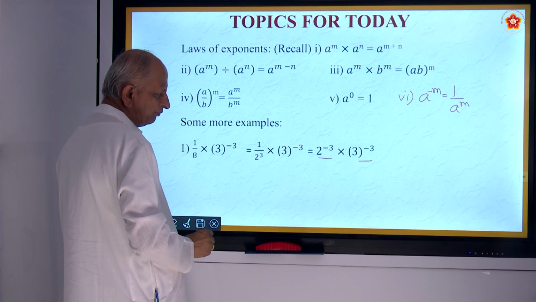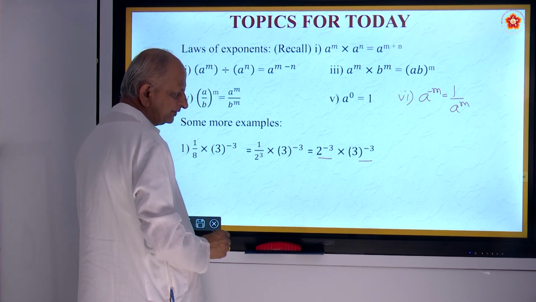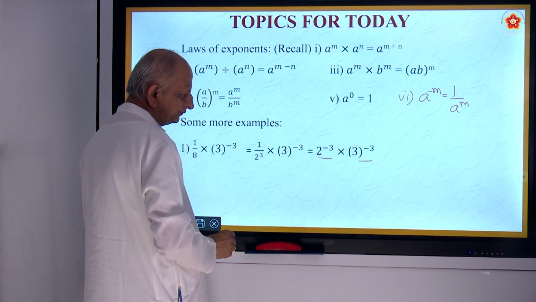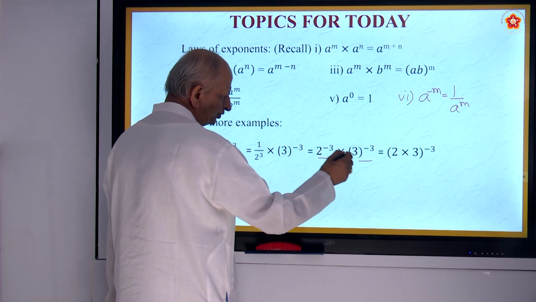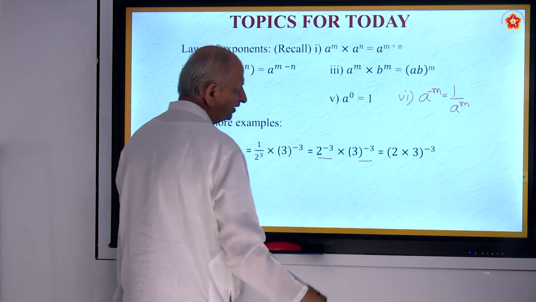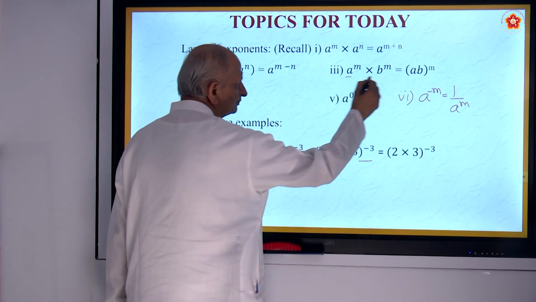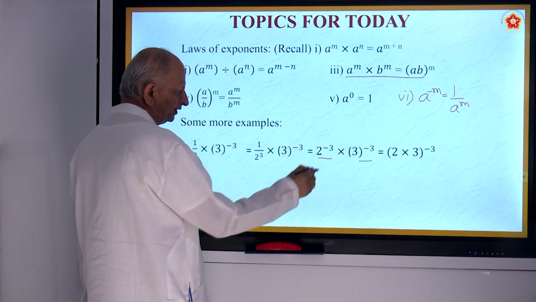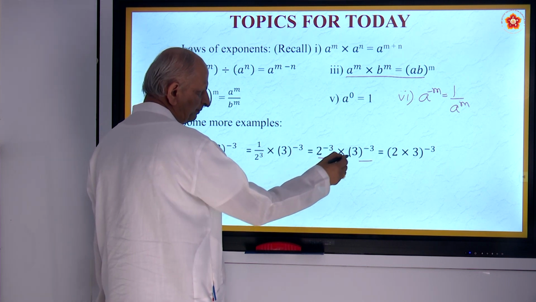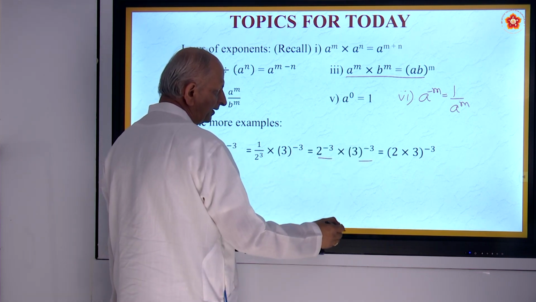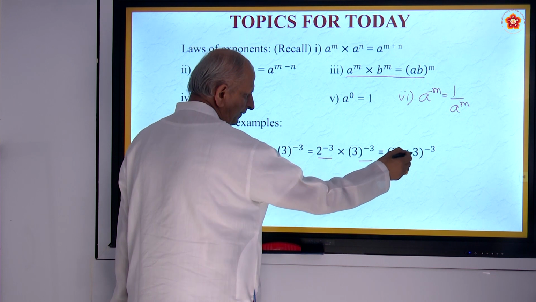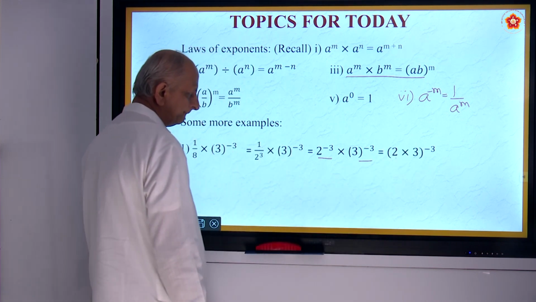So what shall you do now? When these minus exponents are the same, you can write it as 2 into 3 to the power of minus 3, using the formula a to the power of m into b to the power of m is equal to ab to the power of m.